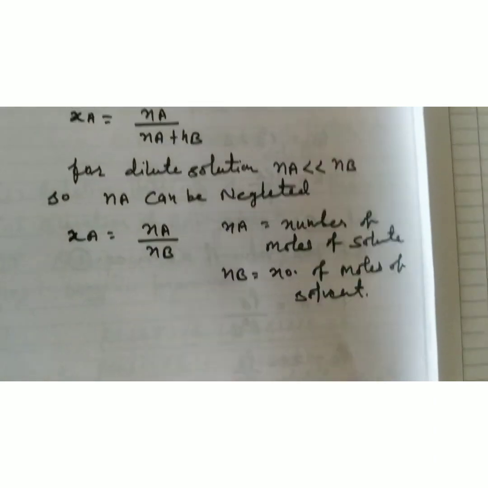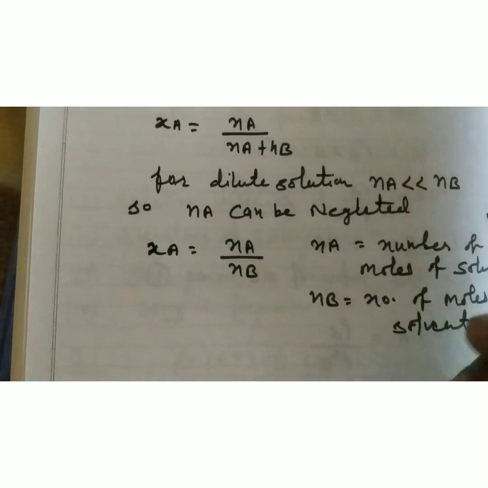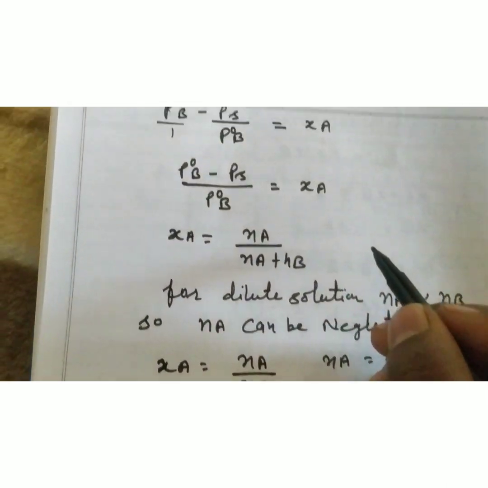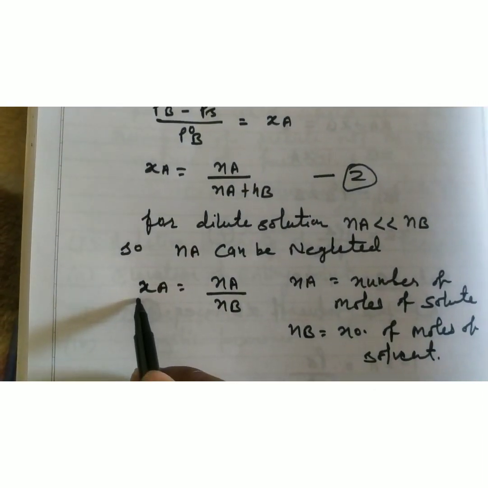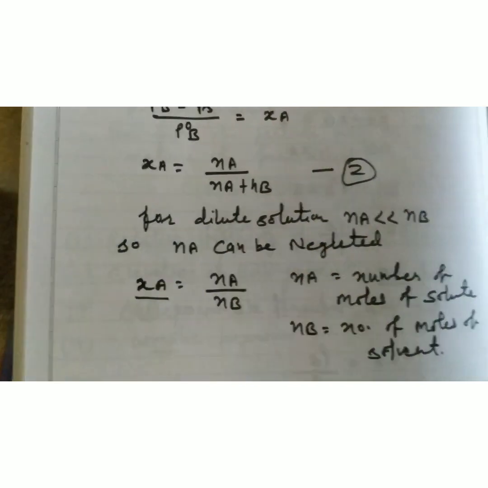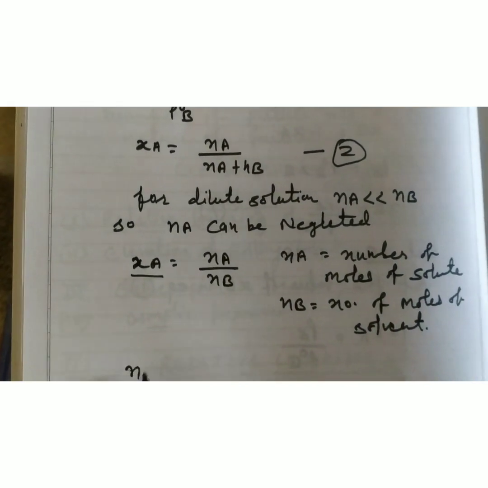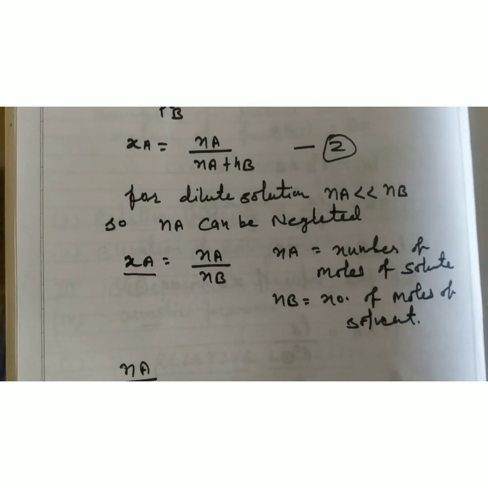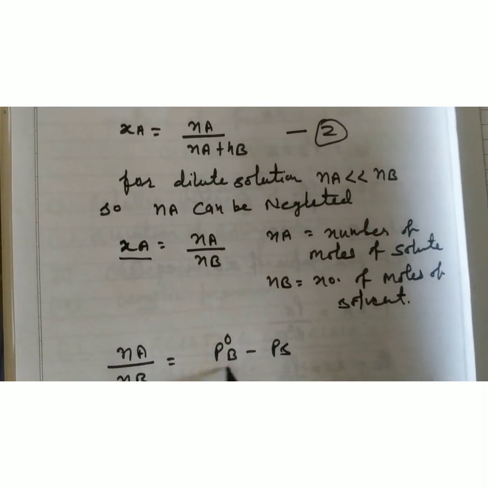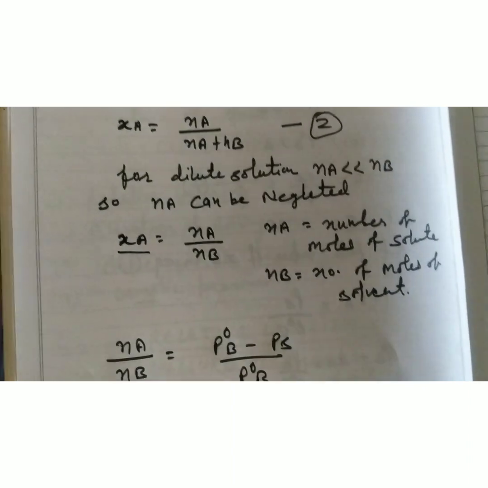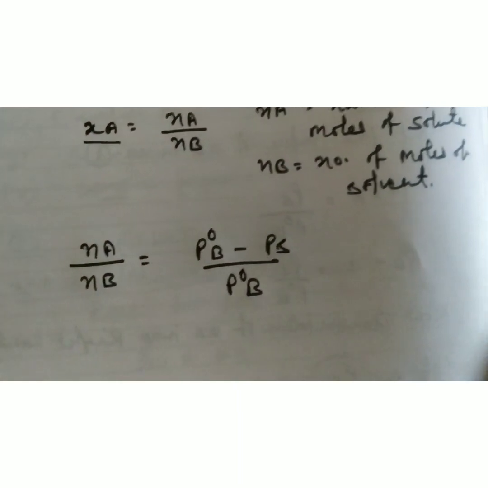Clear? So by putting the value in equation number 2, we'll get Na divided by Nb equals P naught B minus Ps divided by P naught B. Clear?